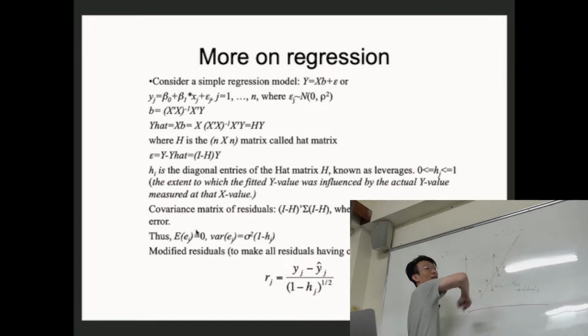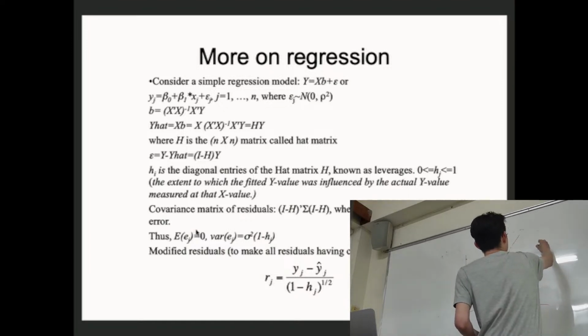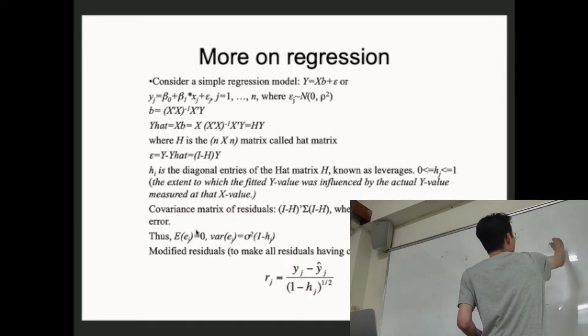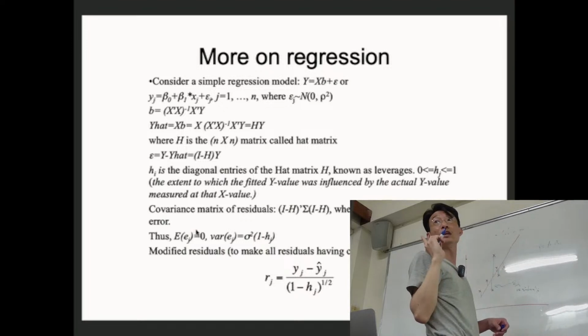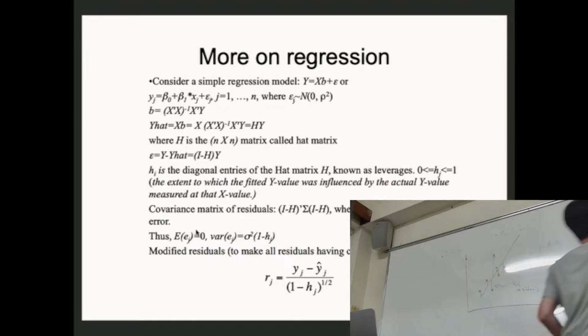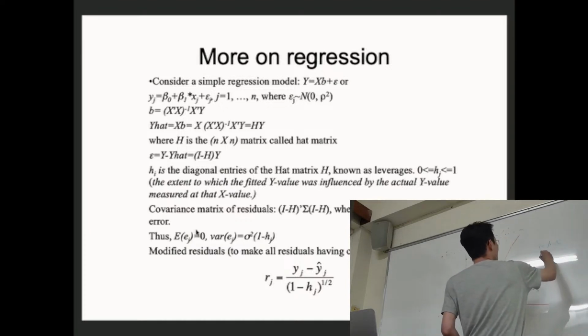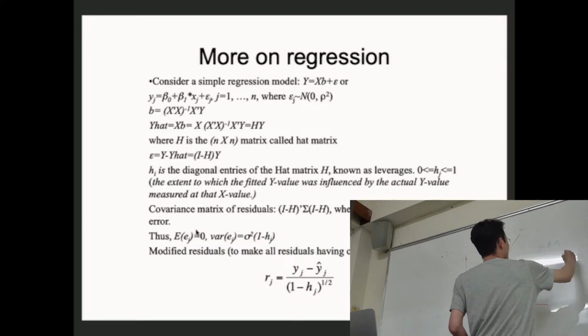So what is this line? This line is y equal to bx, right? So after you calculate that, your yi hat is bxi, right?